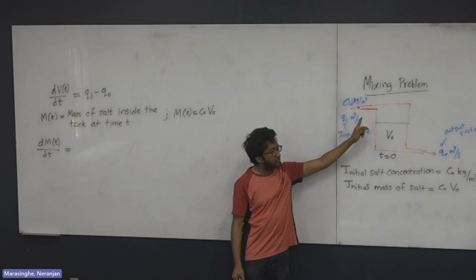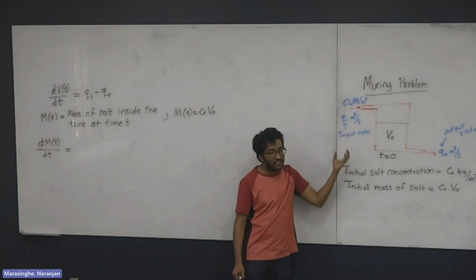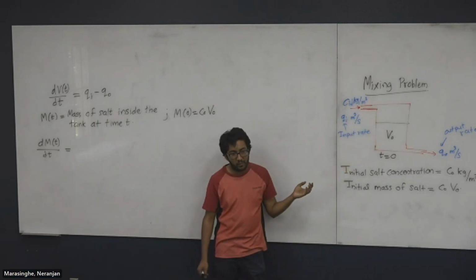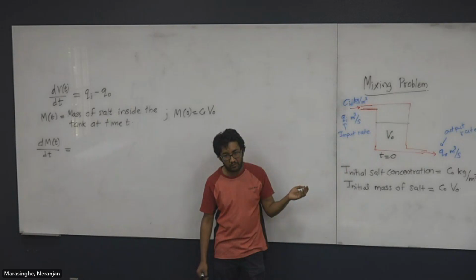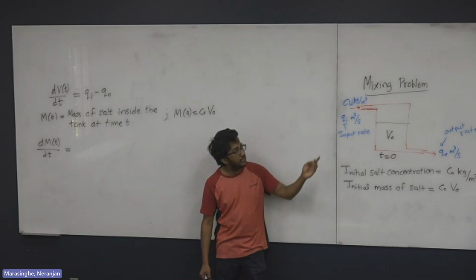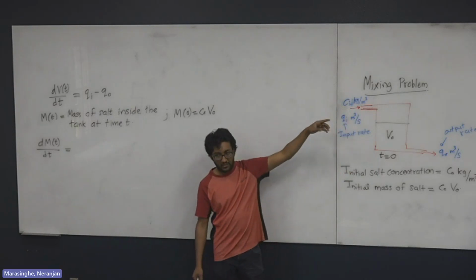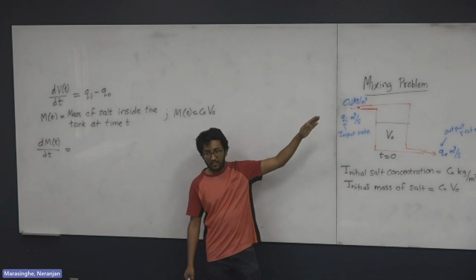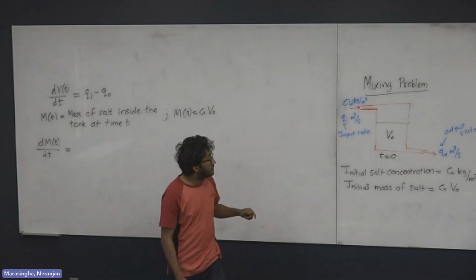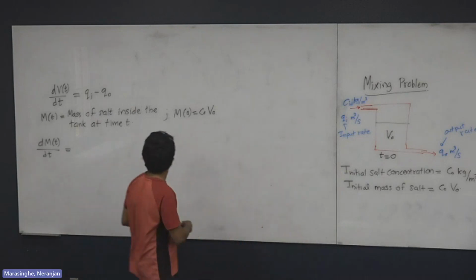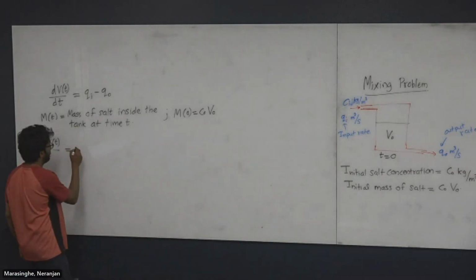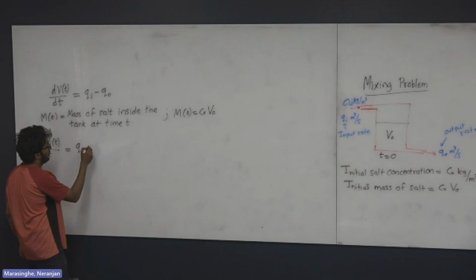So what is the mass of the salt that would enter this tank within 1 second? Its concentration is this, its rate is Qi. It is Qi times Ci, minus.